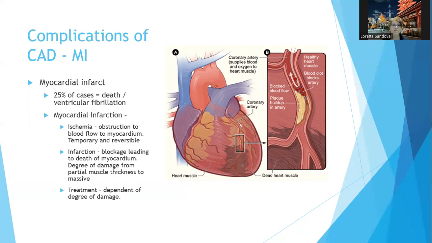So the degree of damage from an MI can go anywhere from a partial muscle thickness to a massive amount of damage. And the treatment is going to depend on the degree of damage. So in 25% of cases of myocardial infarction, death results from ventricular fibrillation.